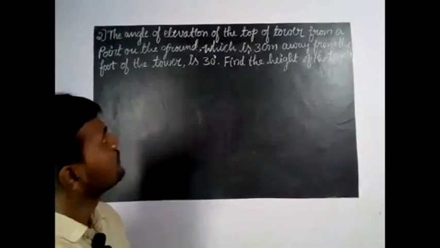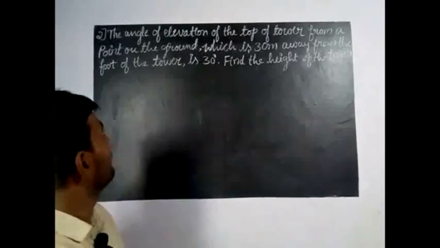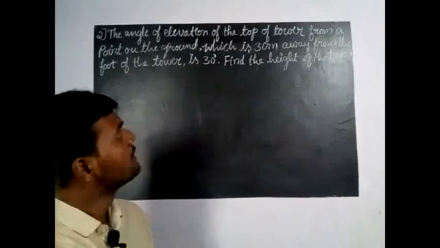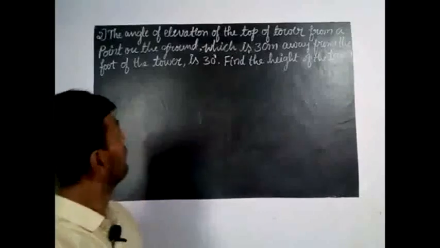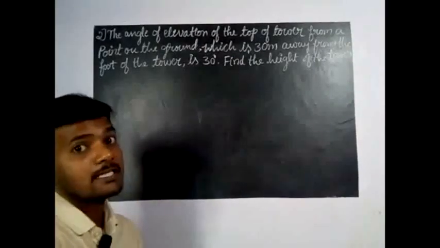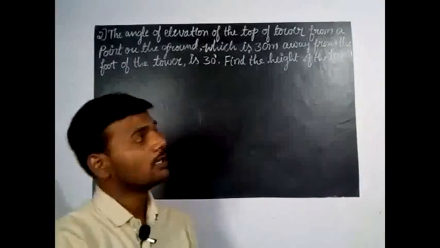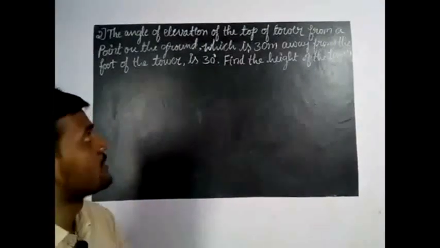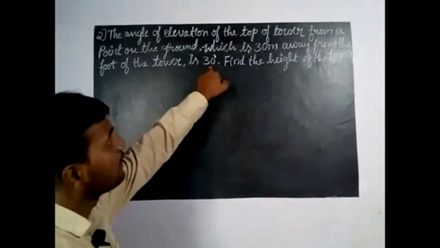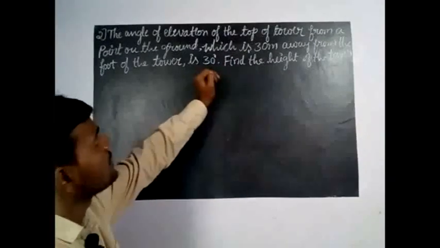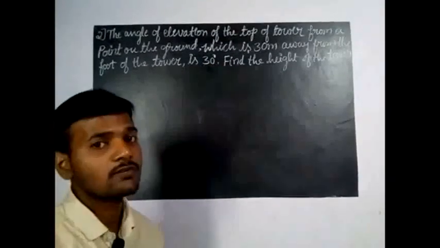The angle of elevation of the top of a tower from a point on the ground, which is 30 meter away from the foot of the tower, is 30 degree. Find the height of the tower. Here the angle of elevation is given, that is 30 degree, and the point on the ground is 30 meter away from the foot of the tower.